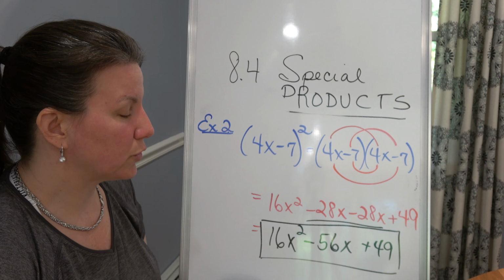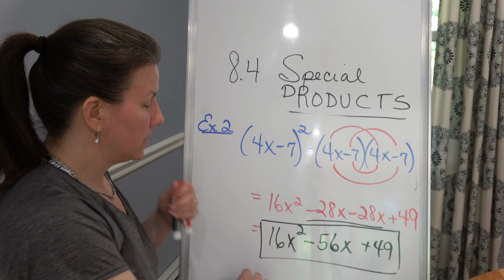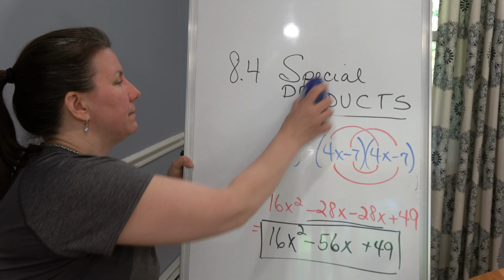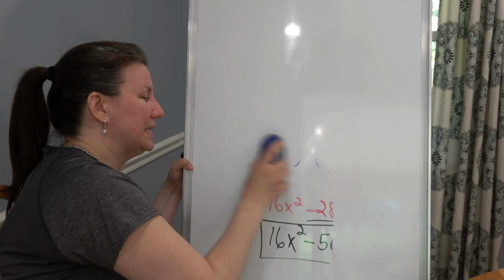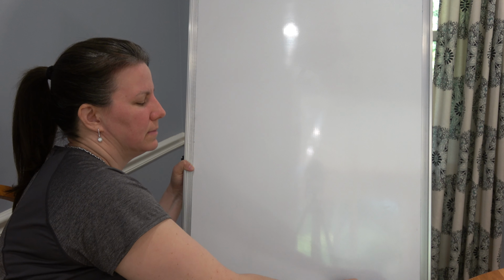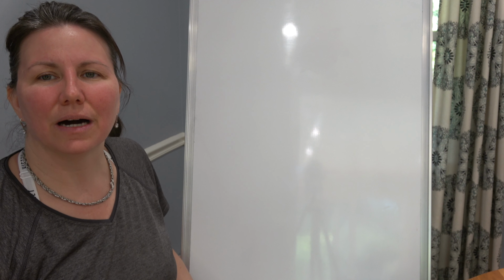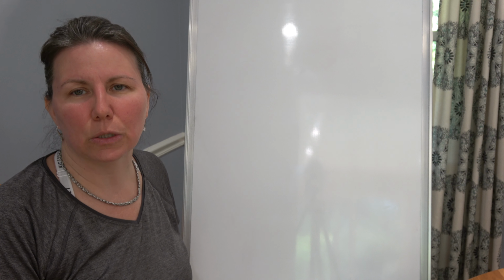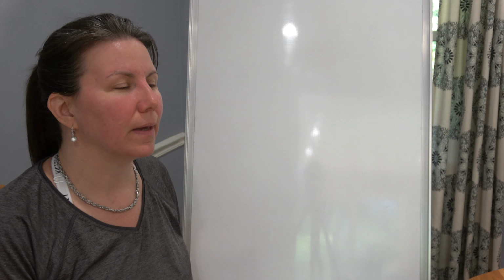The last special product I want to talk about is something called a conjugate. Conjugate. So often in mathematics, we have words that might mean something different if you're not in mathematics. I'm sure you've heard of the word conjugate when you're looking at your world language class and conjugating verbs, right?